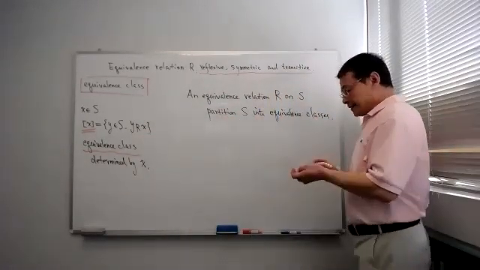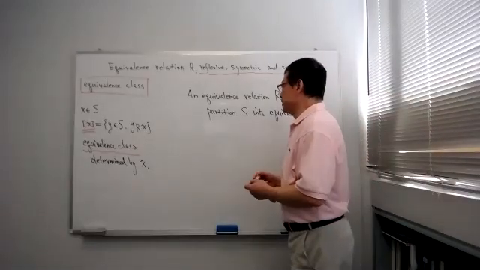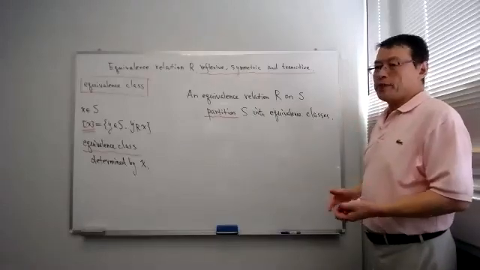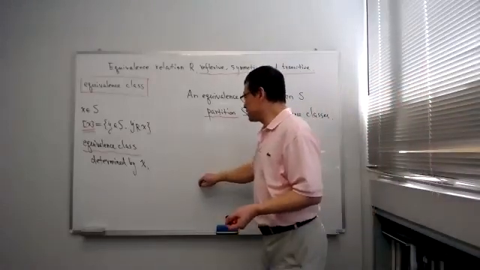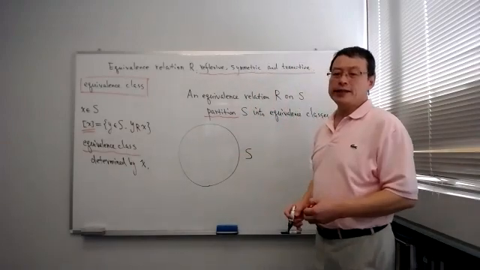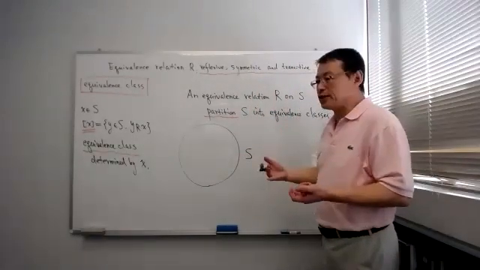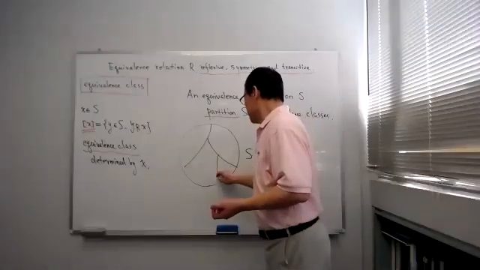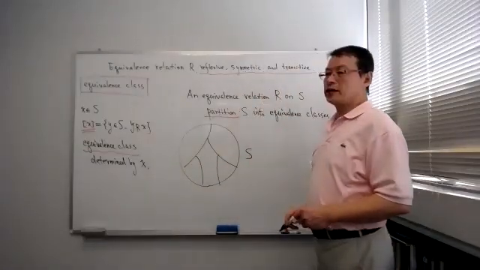So the important thing is the notion of a partition of a set. How do we partition a set? When we say partition of a set X, we partition all elements into disjoint sets. That's called a partition.